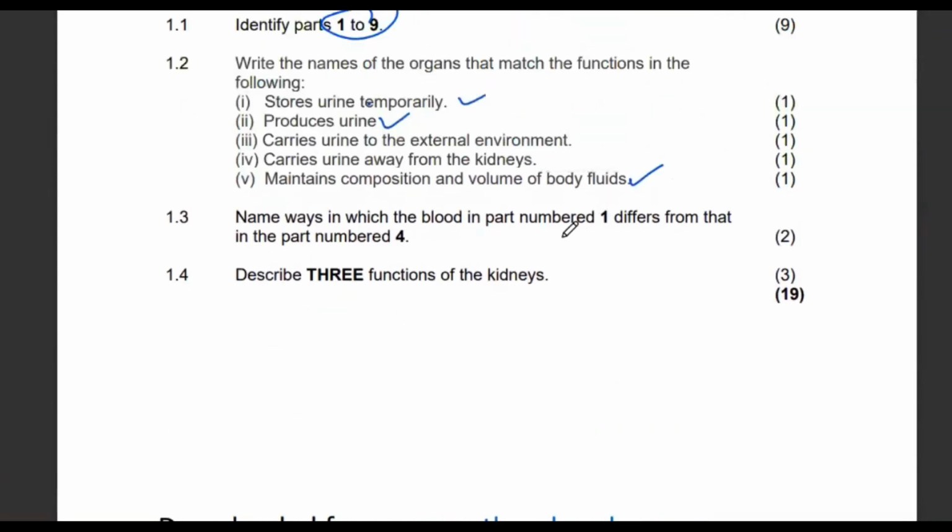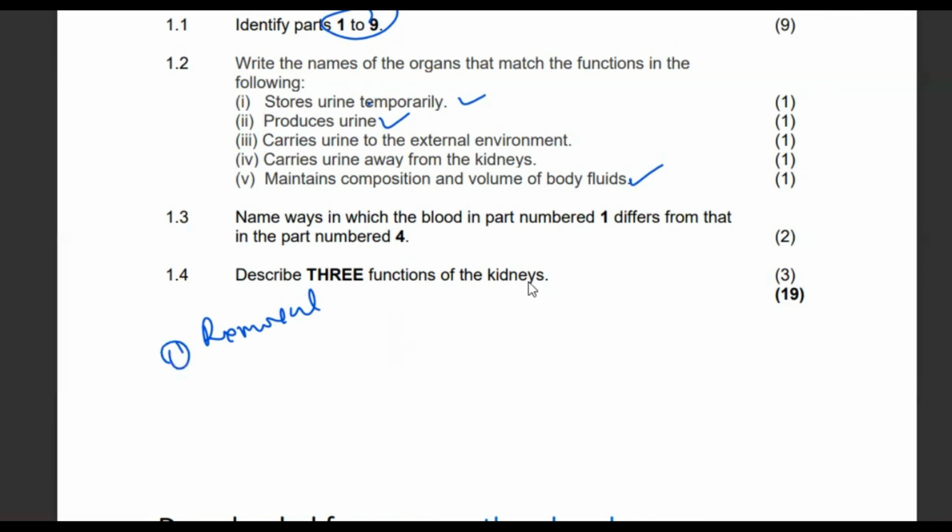Then, if we go to the next question, they are saying describe 3 functions of the kidney. When you talk about functions of the kidney, we are talking about removal of nitrogenous wastes.